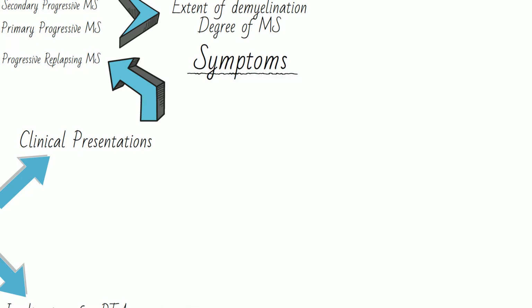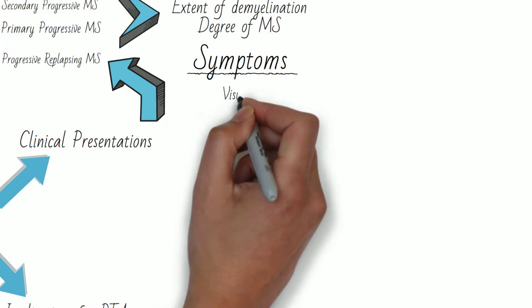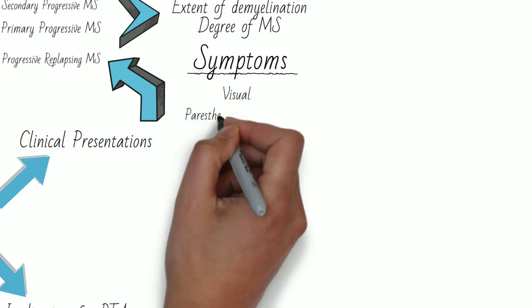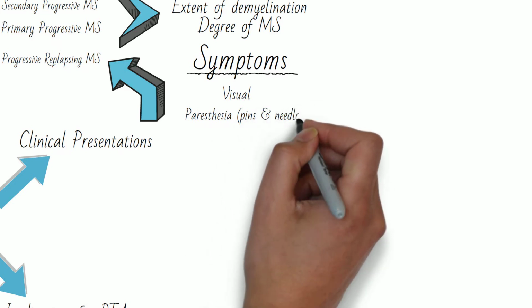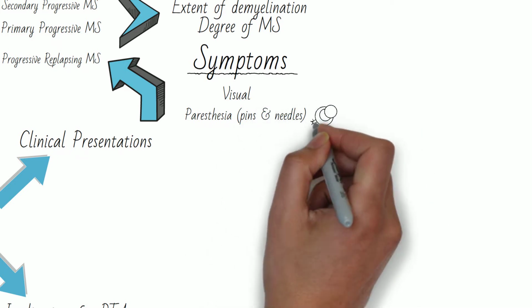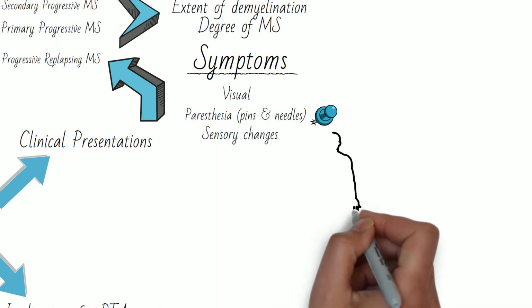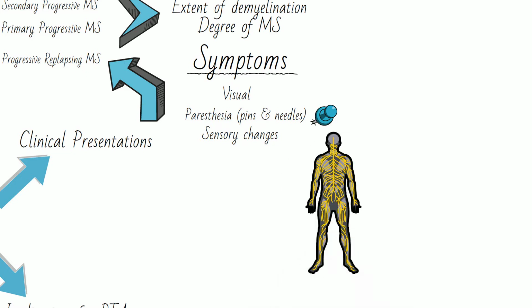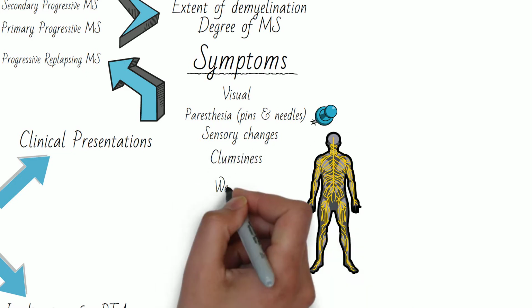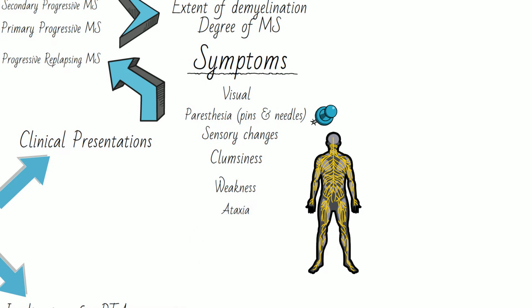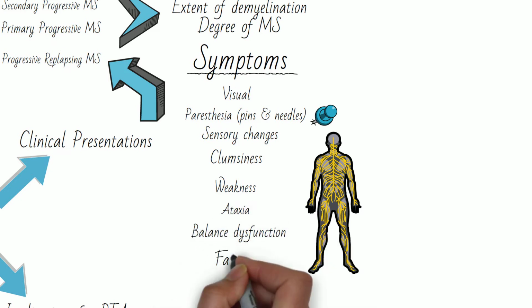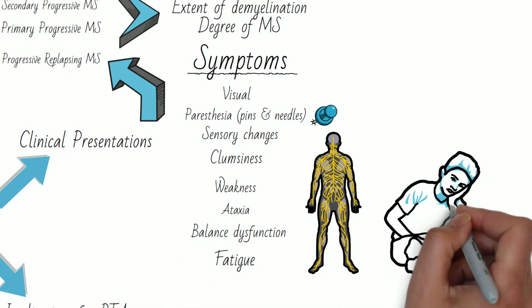It just depends on the degree of how it progresses. You're still going to have vision problems, paresthesias, which means the pins and needles feeling. You'll have some sensory changes, clumsiness, weakness, ataxia, balance dysfunction, as well as fatigue.